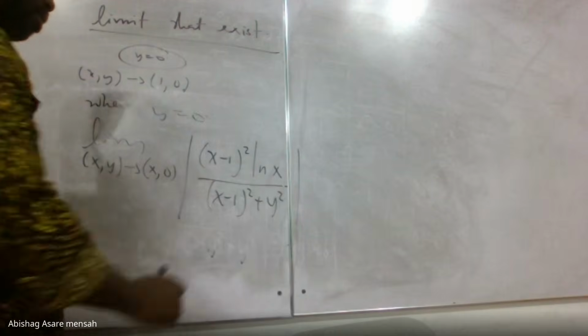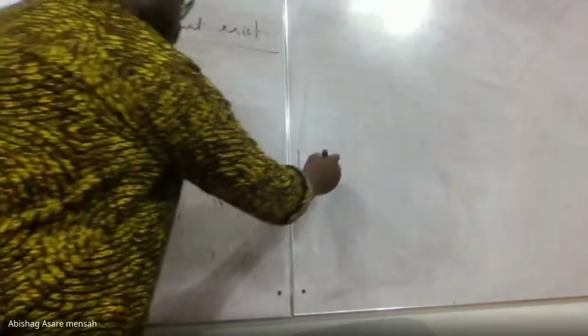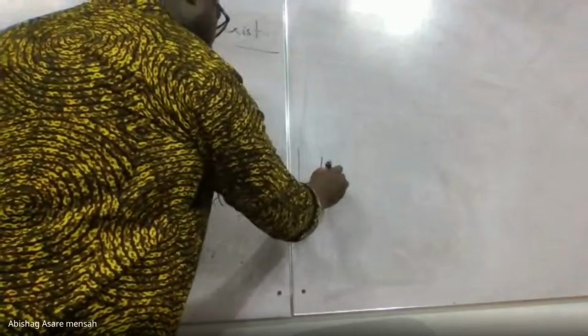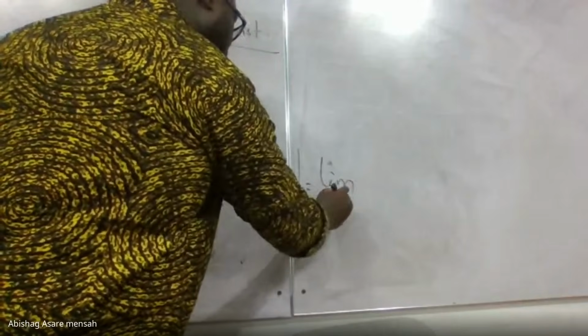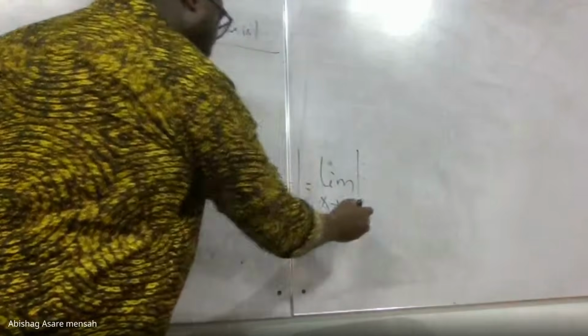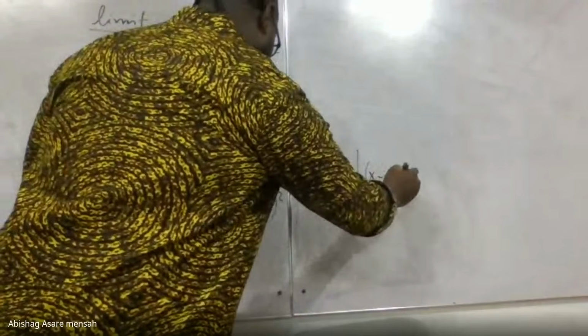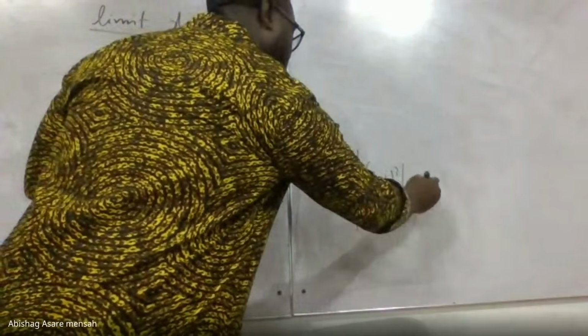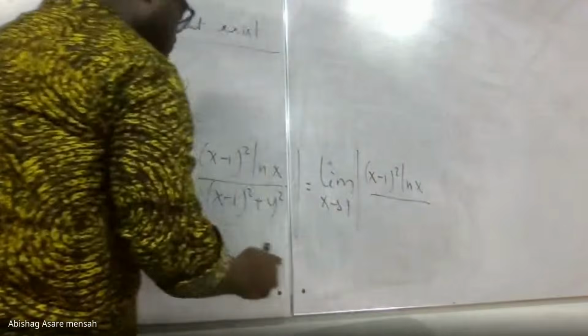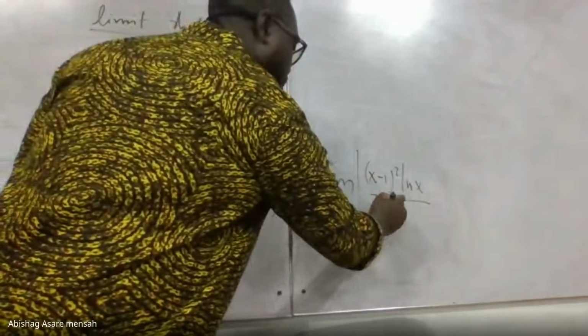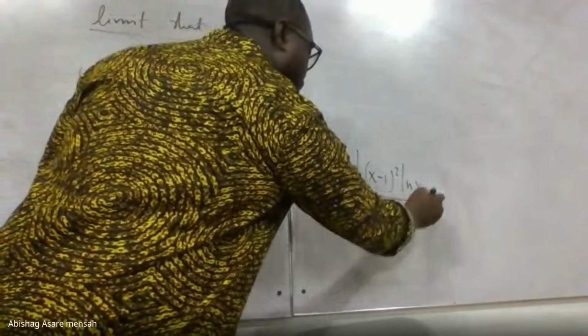So let's go. To be the limit as x approaches 1. This time we are going to the end. We have (x minus 1) all squared and x over (x minus 1) all squared.